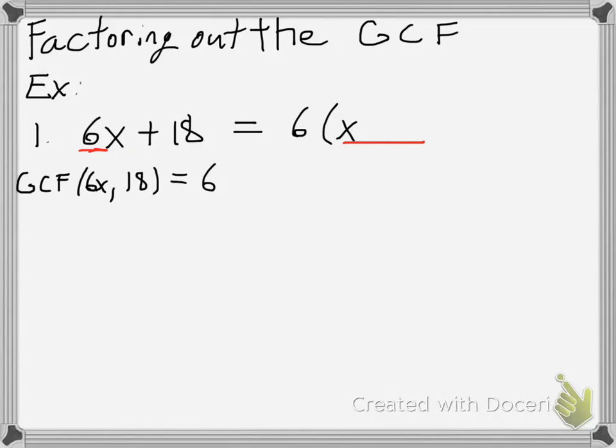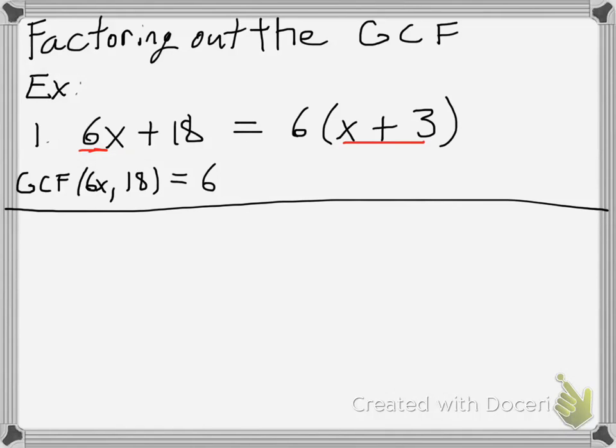We've got the plus sign here, so we put the plus sign in there. And then I ask myself, 6 times what is 18? You should get an answer of 3. And that's all we had to do. There may have been some other instructions, but this is just one of the skills you want.